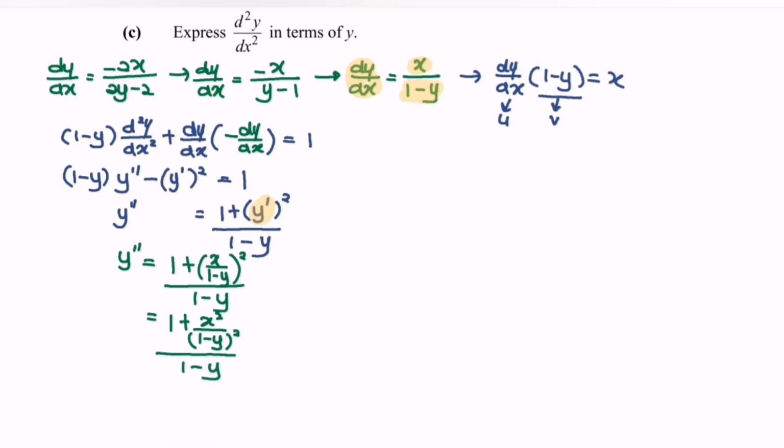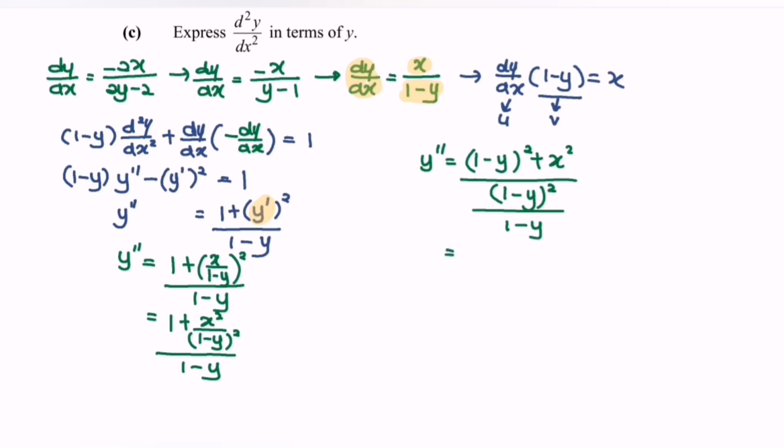Simplifying, y double prime equals ((1 minus y) squared plus x squared) over (1 minus y) squared, over 1 minus y.